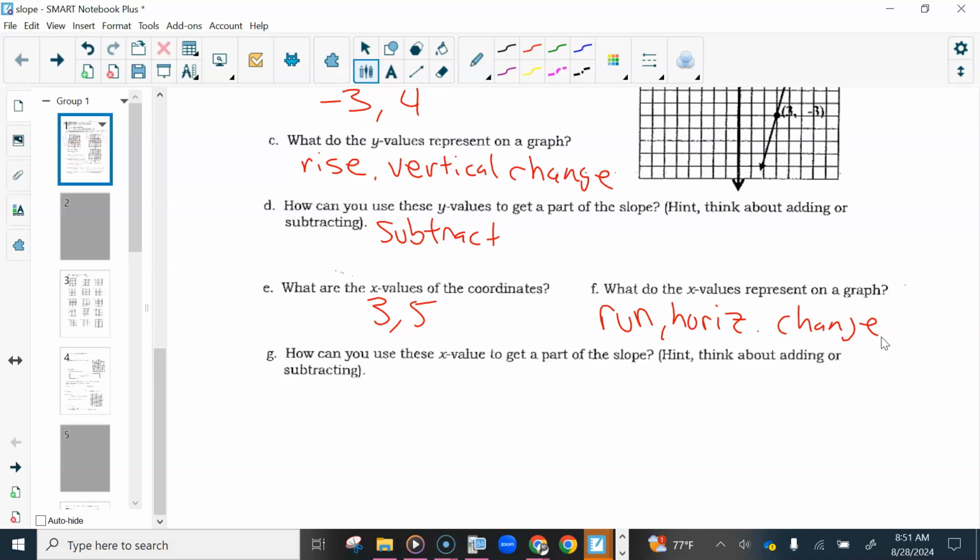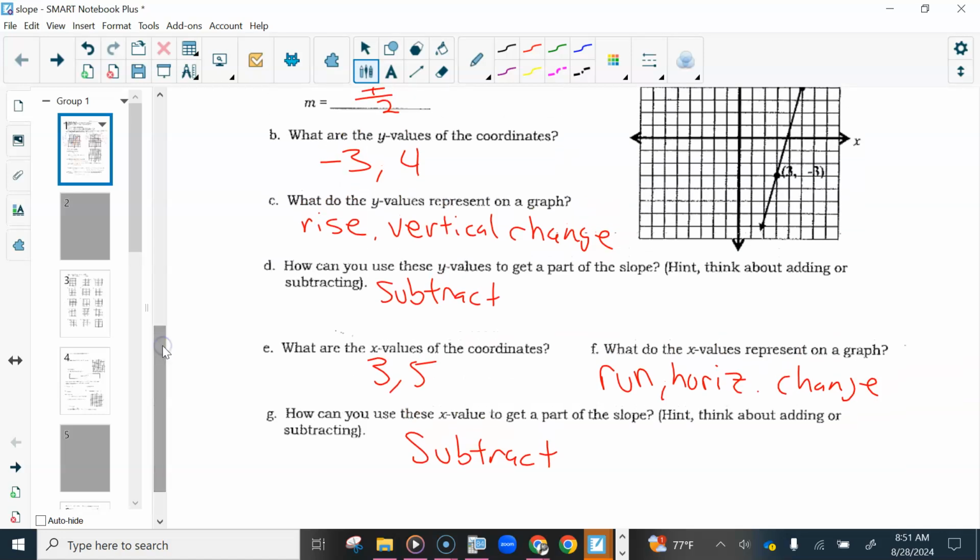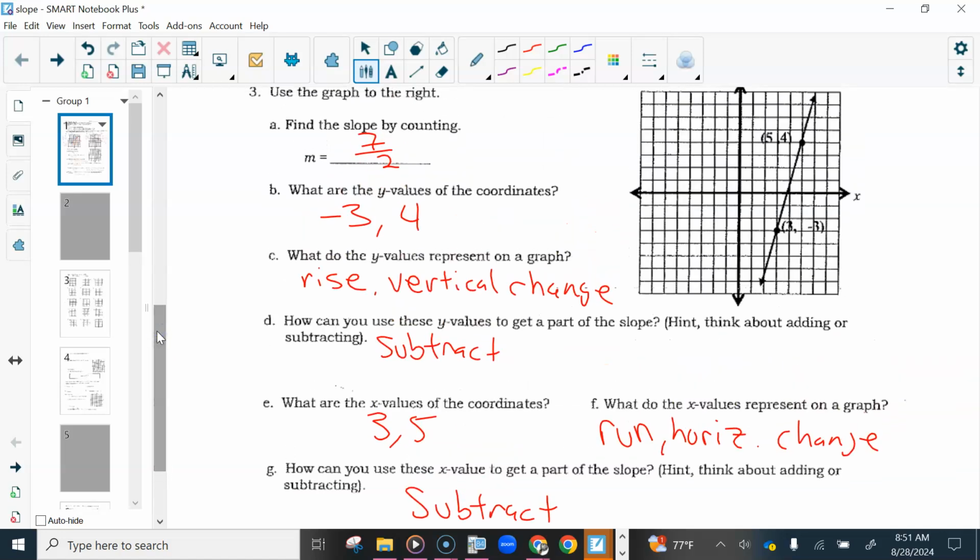If we subtracted for the y values, we're going to do the same thing for the x values. And now we're going to talk about how. Did anyone have an idea how we could subtract these values to get that distance? If I jumped up in the air and I wanted to measure that distance, would I go start minus where I jumped up, or where I jumped up minus the start?